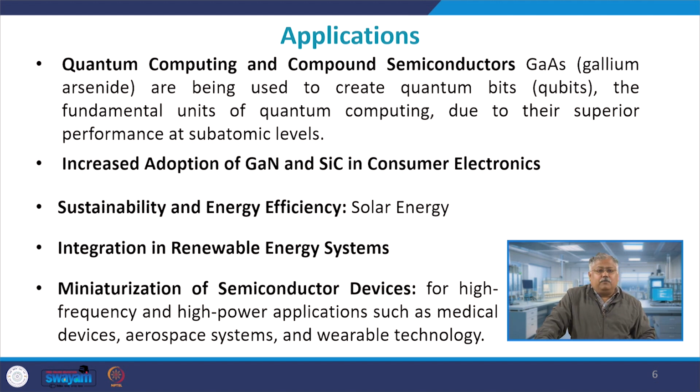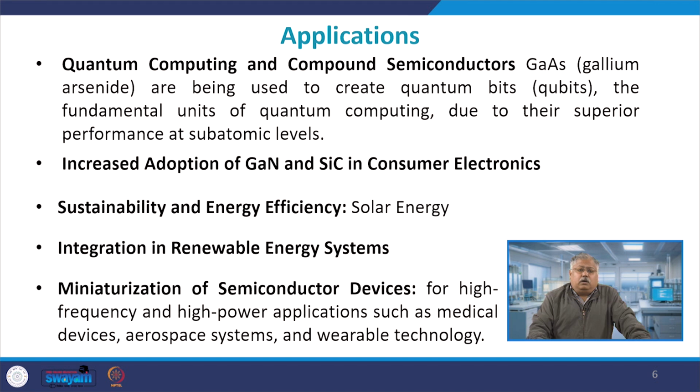big manner. We've already discussed quite a lot on gallium nitride and silicon carbide used in consumer electronics, especially in electric vehicles and so on and so forth. In energy efficiency and sustainability, solar energy happens to be one of the application areas where it is used to a larger extent.